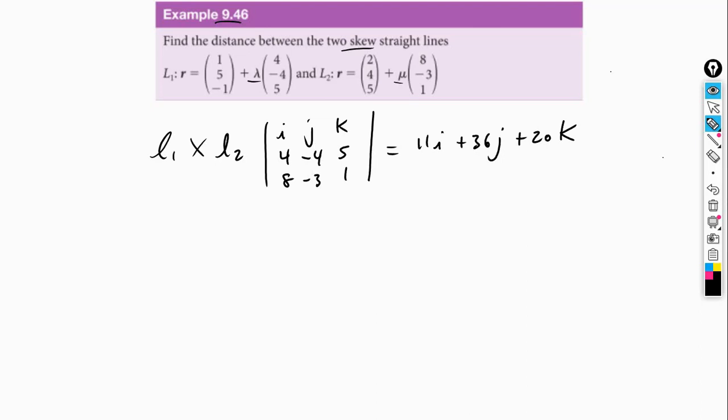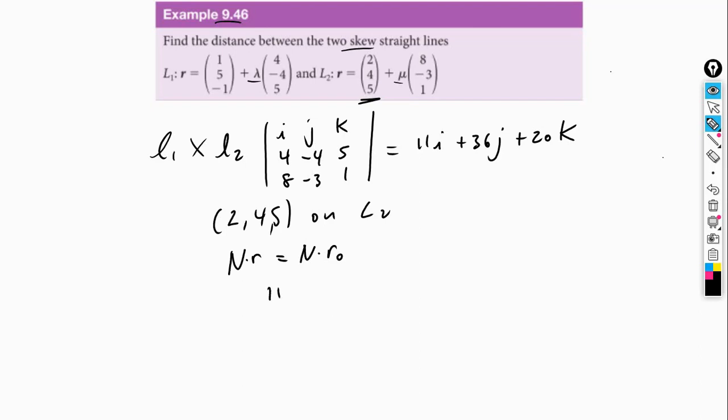Okay, so if we consider the point 2, 4, 5, which lies on line 2, as we can see here, then we can find an equation to the plane that contains that point. Remember that it's in the form n dot r equals n dot r sub 0. So the normal is the one we just found, right?